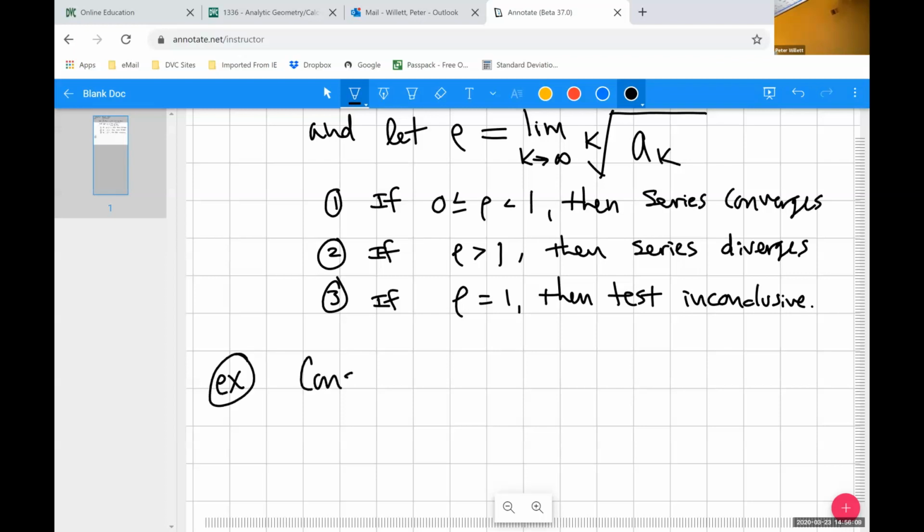So consider the series as k goes from 1 to infinity of, I don't know, how about, let's try this, 9/10 plus 1 over k, all raised to the power of k.